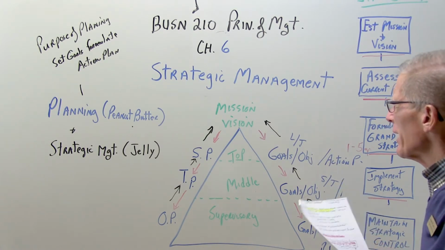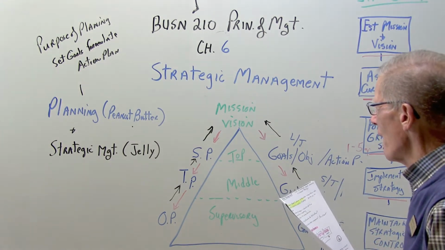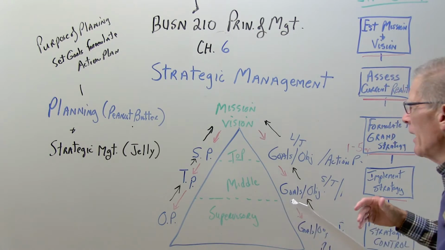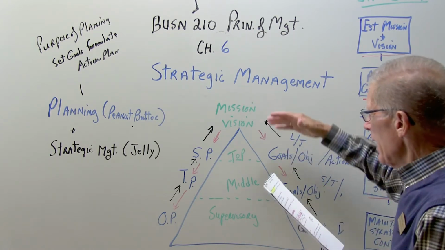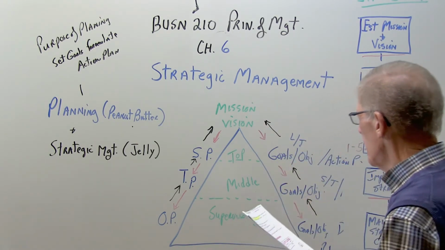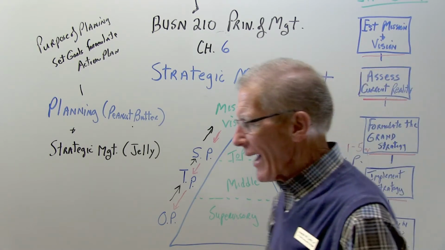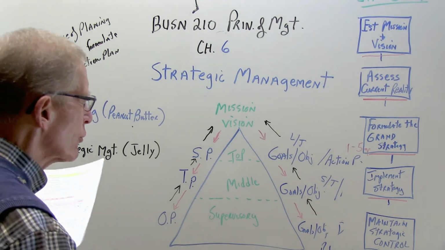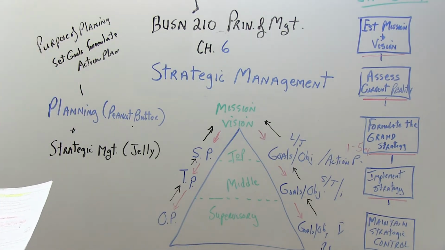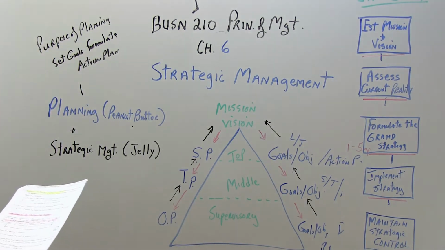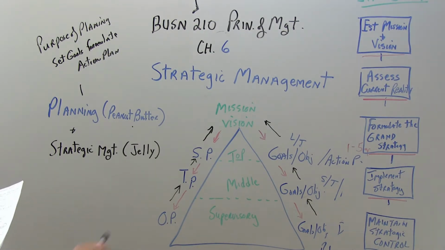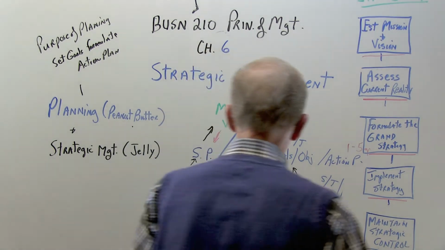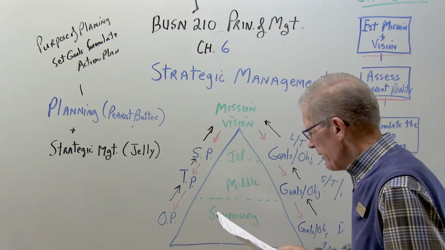Where would the grand strategy be? Well, if I were going to put in here in black, if I wanted to place at what level the grand strategy would happen, where would we put it? I want to write it in here on this pyramid I have. Would the grand strategy be down here?